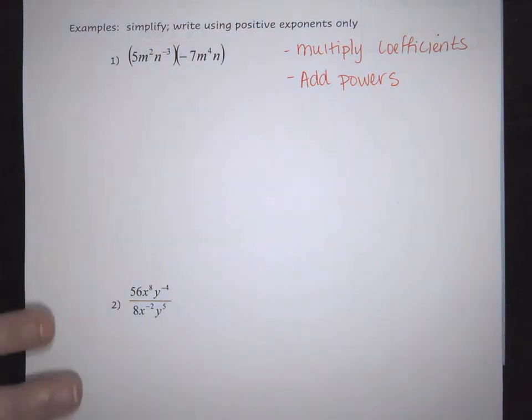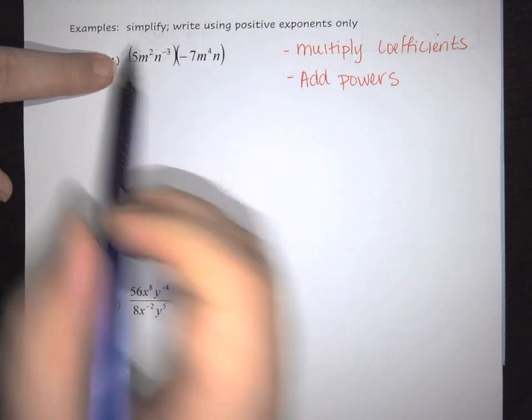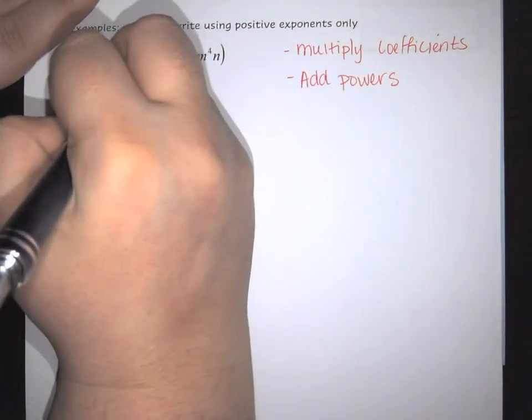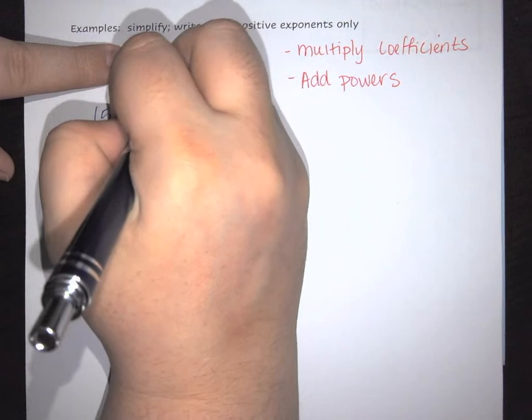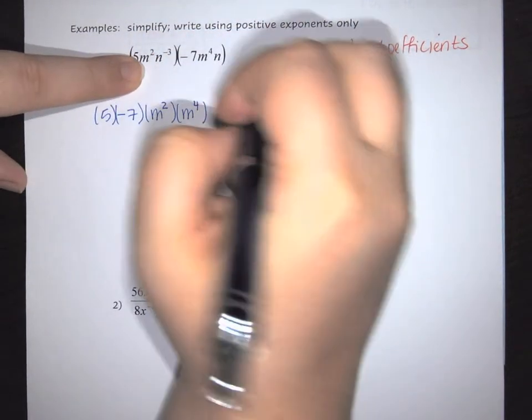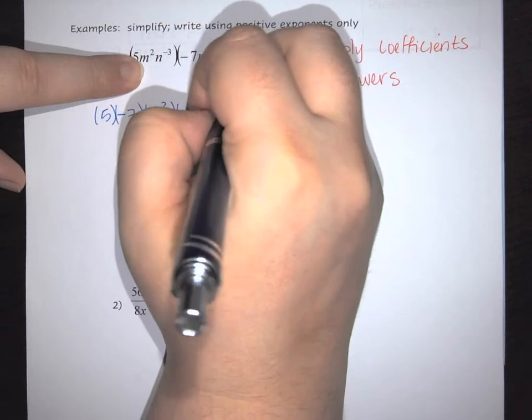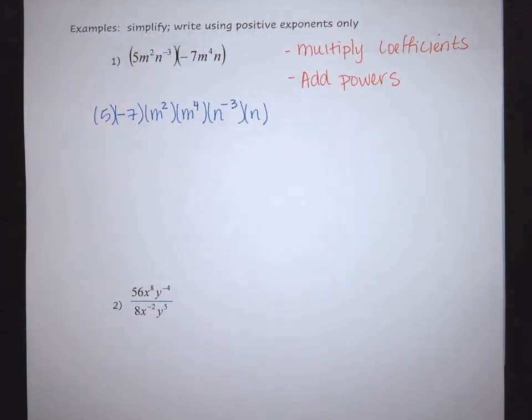Okay, so here what we're going to do is multiply our coefficients. So this is going to give me 5 times my negative 7. I then have m squared times m to the 4th, and I have n to the negative 3 times n. Okay.